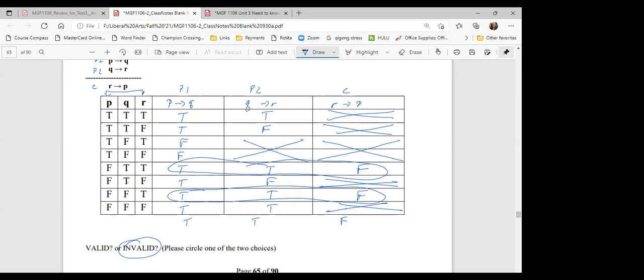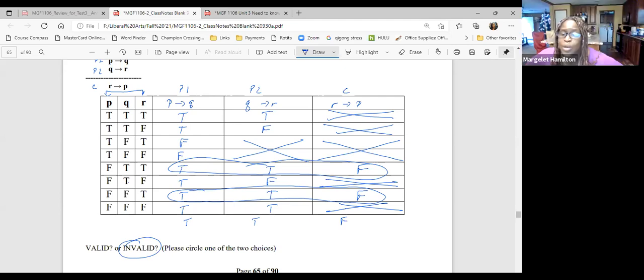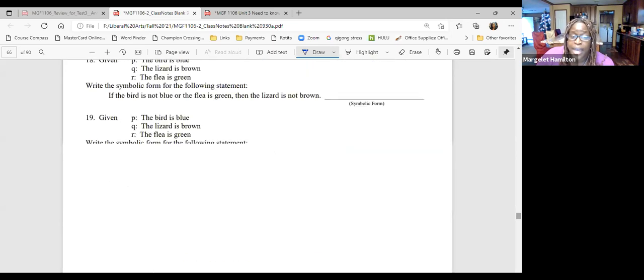Is everybody okay? Any questions about it? So remember, if they ask you to check on validity and they're giving you those simple statements, you've got to do the truth table and look for the bad row.